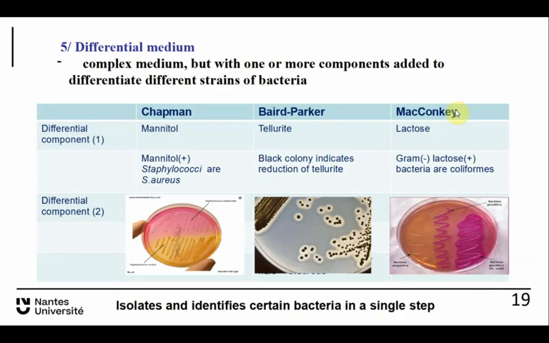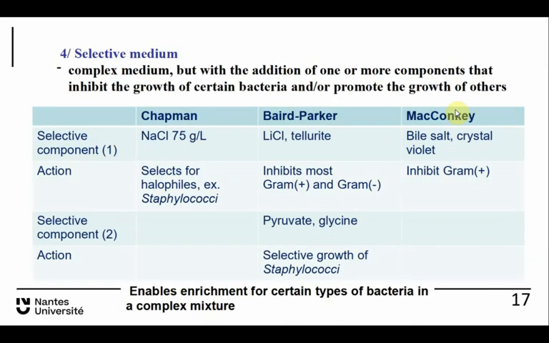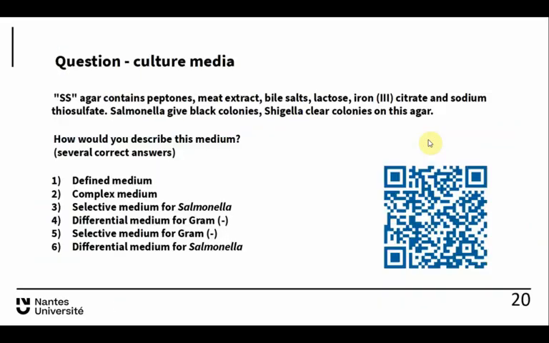Okay, so we had an example of a selective medium for gram negatives just 2 minutes ago. That's the MacConkey agar. Yeah. Bile salts, yes. This is the thing that's in common between these two. So the bile salts here will inhibit the growth of gram positives. So that means it's selective for gram negatives, not differential.